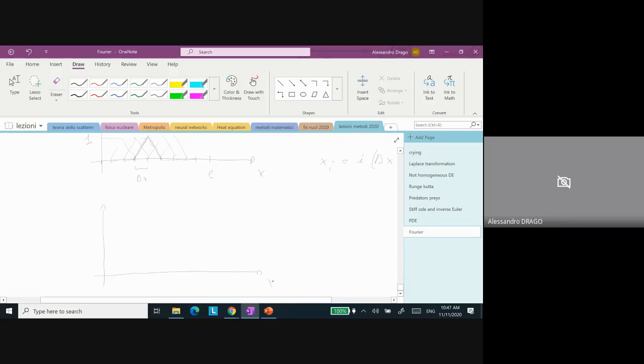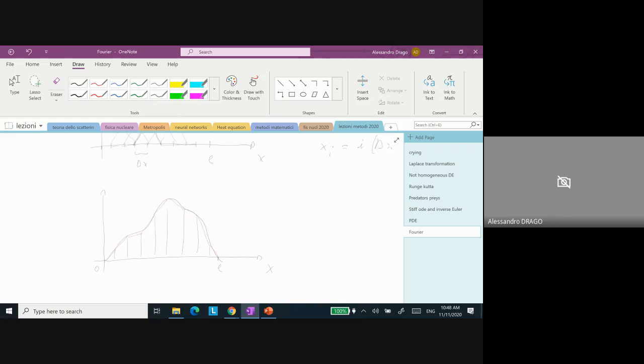Let's say this is my function f of x, something like this, vanishing at 0 and at L. And I have my grid. This approximation essentially corresponds to linearizing the function like this, like this, like this, and this. We are going to check that, but it is probably intuitively obvious.